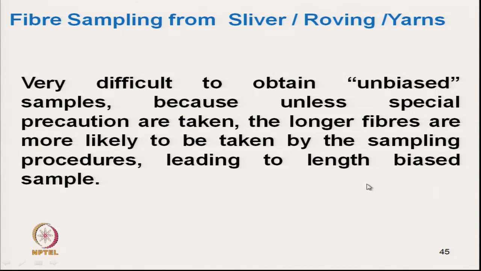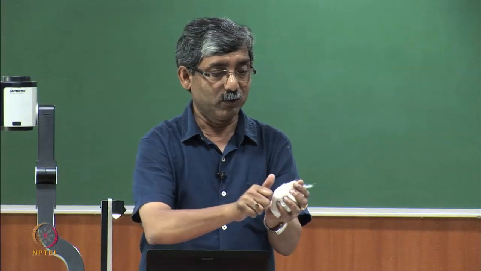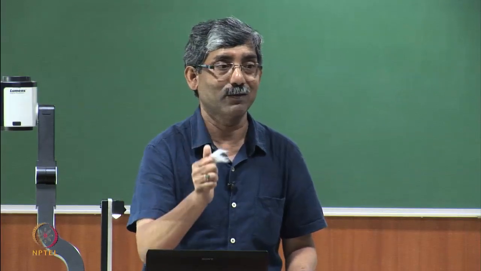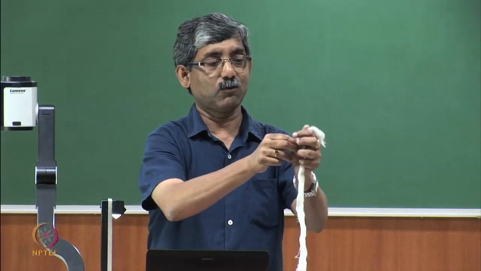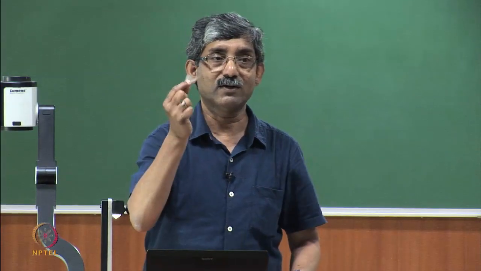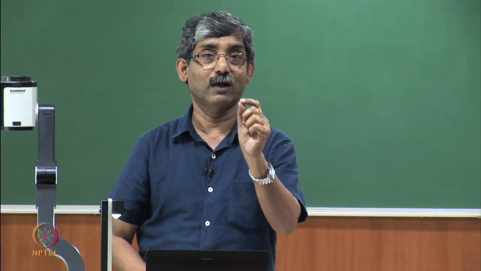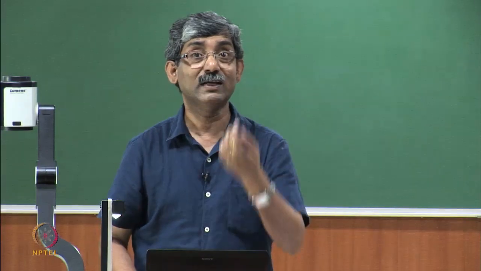As I have already mentioned, if we try to pick a sample from the bulk, or even from the sliver, we are selecting a length biased sample, because longer fibers have a higher chance of being selected.